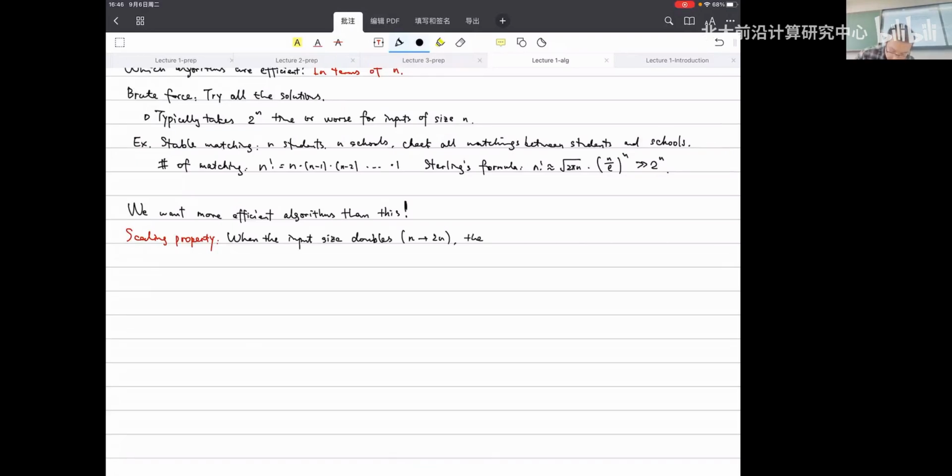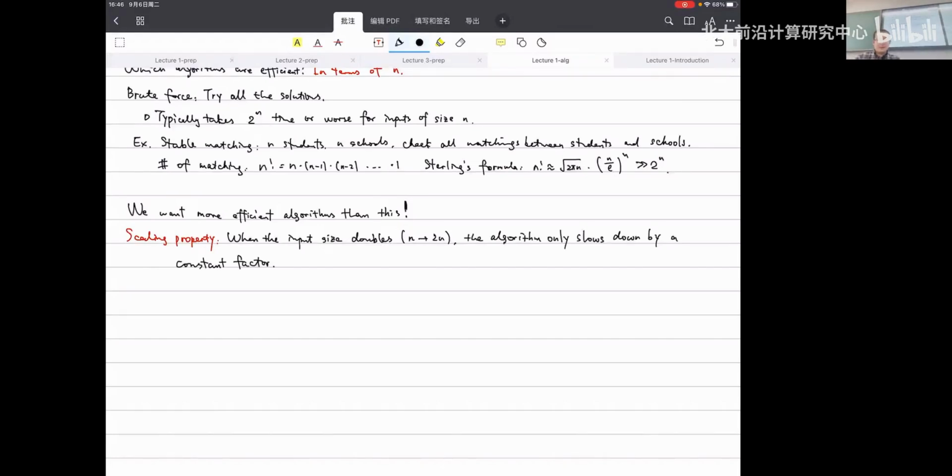Then we have the scaling property if the algorithm only slows down by a constant factor. So this is what we call a scaling property.